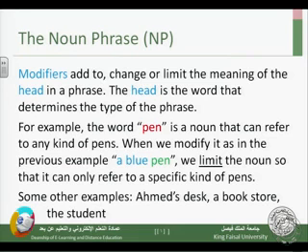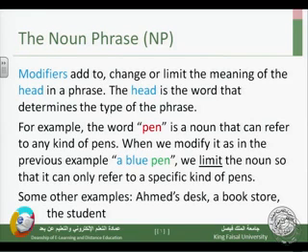So if we take the example here, for example, the word pen is a noun. So we have this noun, pen, and it can refer to any kind of pens. But when we modify it, as in the previous example, a blue pen, we limit the noun. So we are not talking about all kinds of pen or any kind of pens. We are talking about a specific kind. We are talking about blue pens.